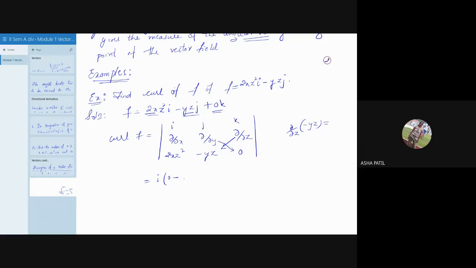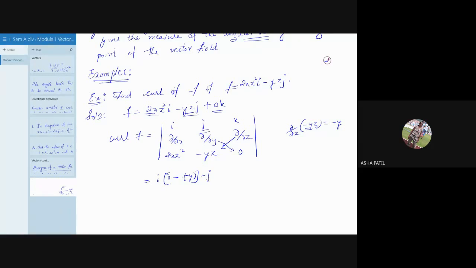What is dou by dou z of minus yz? Minus y, since minus y is kept constant and the derivative of z will be 1. Next we write here minus y. Then minus j as it is.